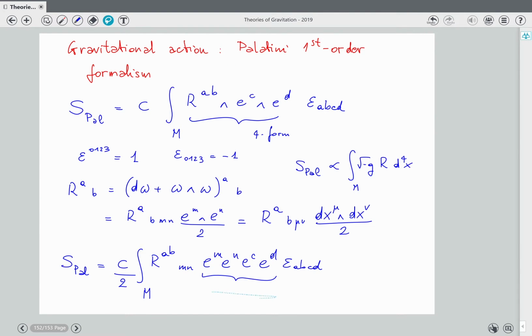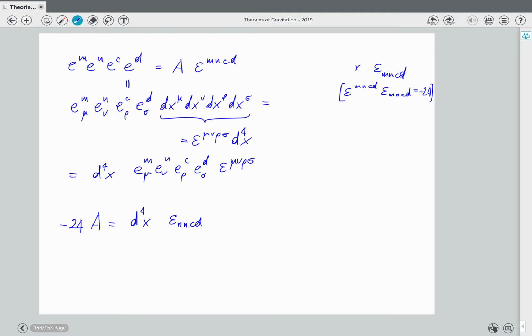For the moment, we just consider this object that I underlined here. This is completely anti-symmetric in MNCD. So we have d^4x, epsilon_{MNCD}, and then we copy this.